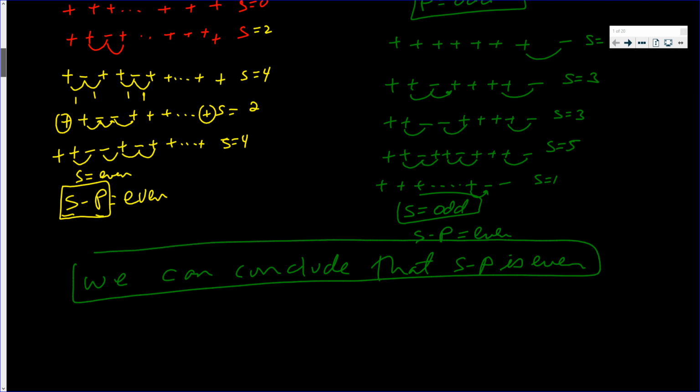Because if a sub 0 is positive, we get even. If a sub 0 is negative, we get even. We always get even.